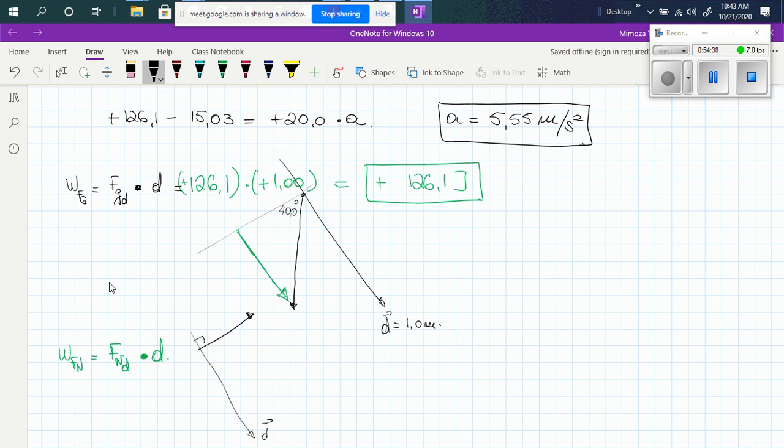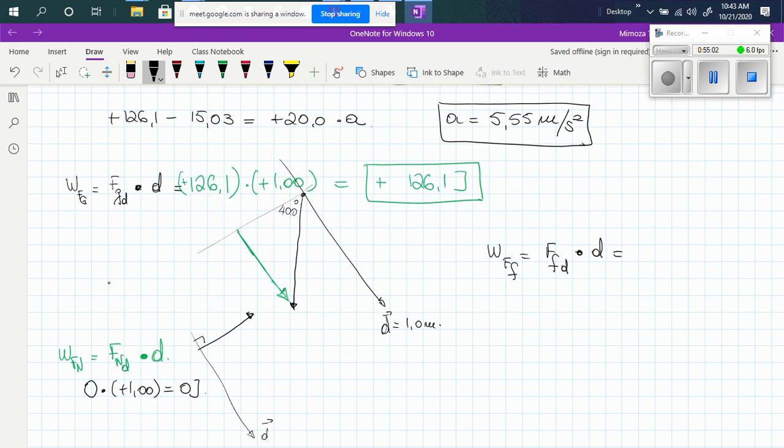So the component of it is equal to 0 times positive 1 meter equals to 0 joules. Agree? And then we have work done by force of friction, which will be the component of force of friction along the displacement times the displacement.